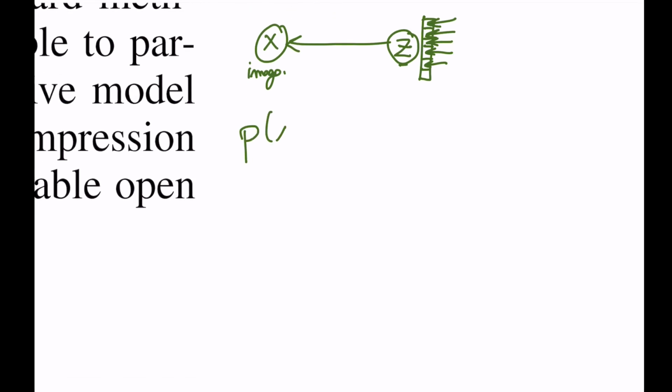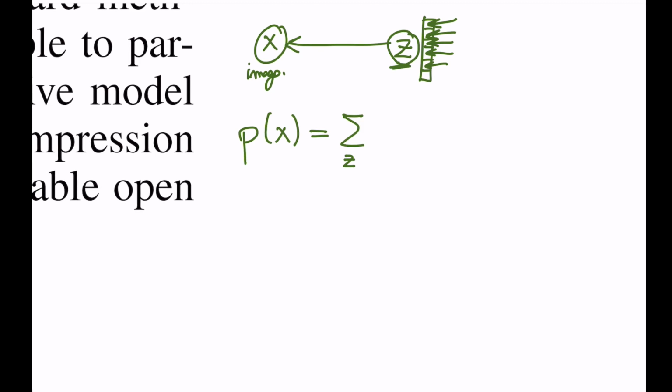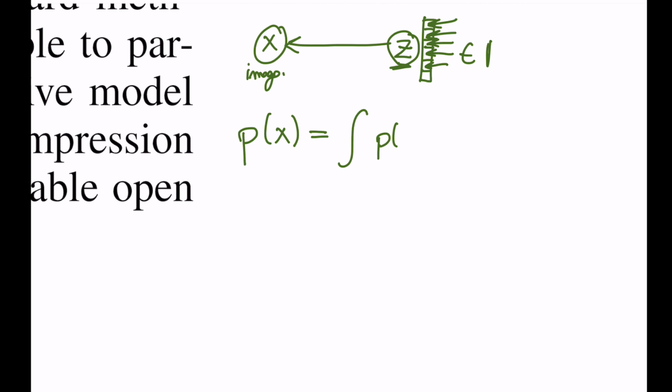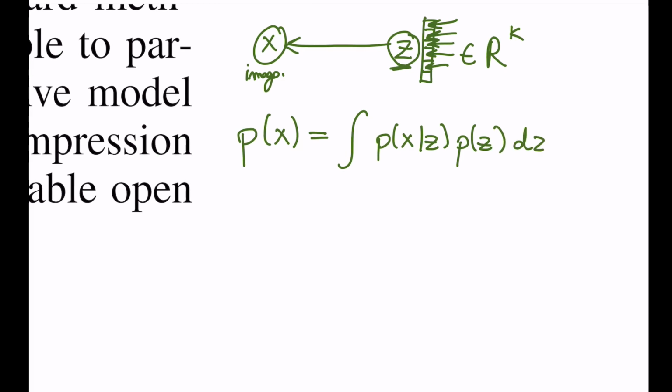So now our probability of the data, which is also called the marginal probability, we'll see why, is equal to marginalizing across all the possible Z's. I should use an integral to make it clear that this thing is part of R. So it is P of X given Z times P of Z, dz.